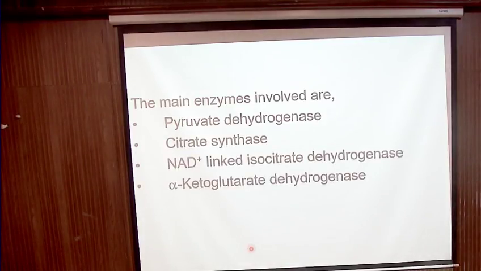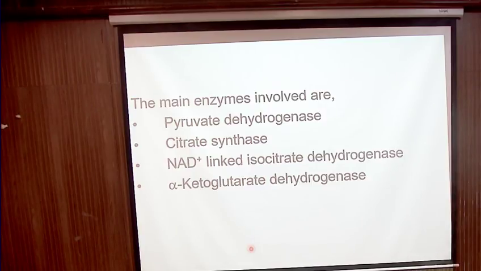In terms of ATP, the enzymes largely controlling it are pyruvate dehydrogenase, the initial conversion to acetyl-CoA, citrate synthase, NAD-linked isocitrate dehydrogenase, and alpha-ketoglutarate dehydrogenase. These are the key non-equilibrium reactions maintaining the flow of the TCA cycle at either a faster or a slower rate.